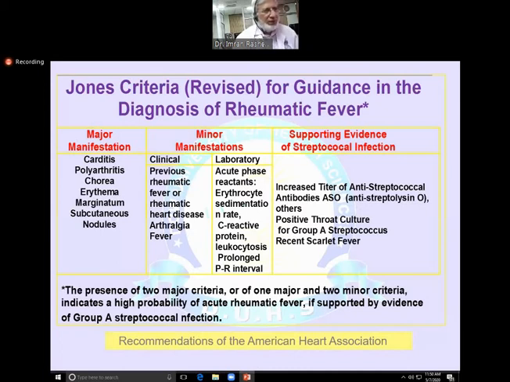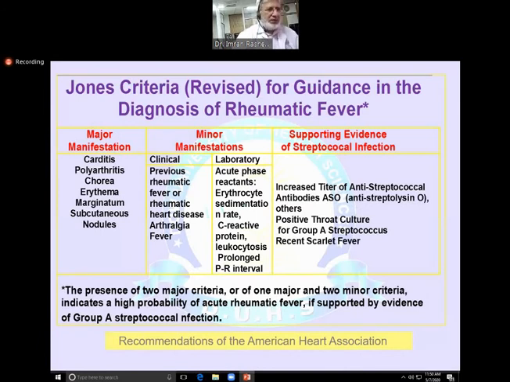So how do you diagnose rheumatic fever? You need to have either 2 major manifestations and supporting evidence of streptococcal infection. If that is there, that is enough to diagnose rheumatic fever. Or supposing 2 major manifestations are not there, only 1 major manifestation is there, then you need to have 1 major manifestation and 2 minor criteria plus recent evidence of streptococcal infection.